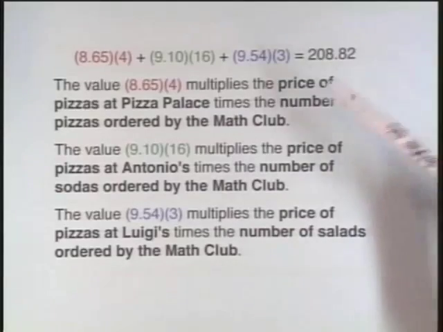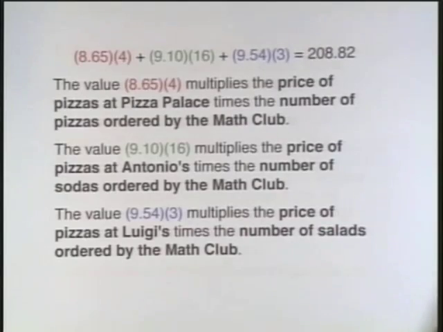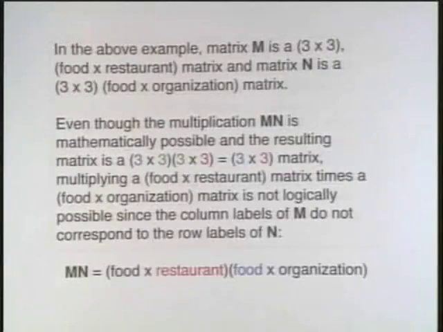The value 9.54 times 3 multiplies the price of pizzas at Luigi's times the number of salads ordered by the math club. Therefore, the sum 208.82 has no meaningful interpretation within the context of this problem.